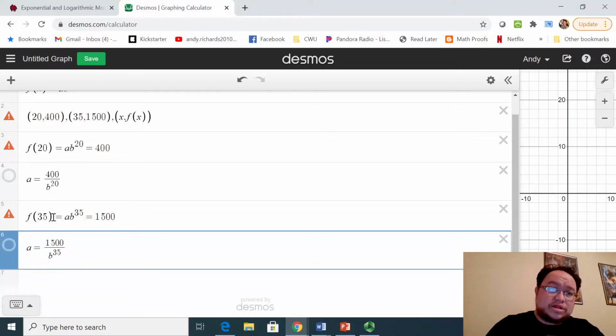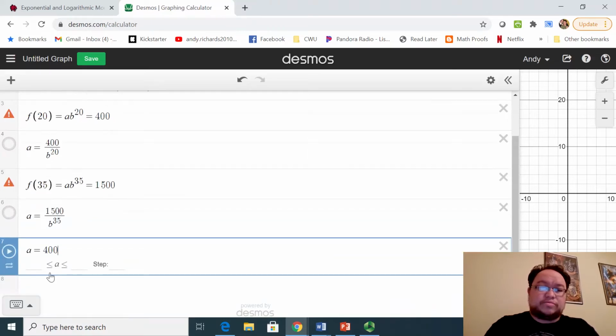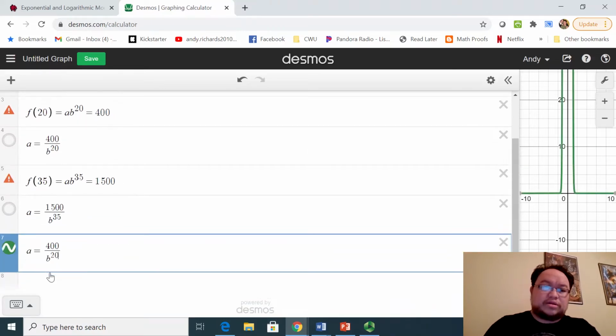So we know that these have to be equal. They both equal A. So our initial value, A, equals both 400 over b to the 20th, as well as 1,500 over b to the 35th.